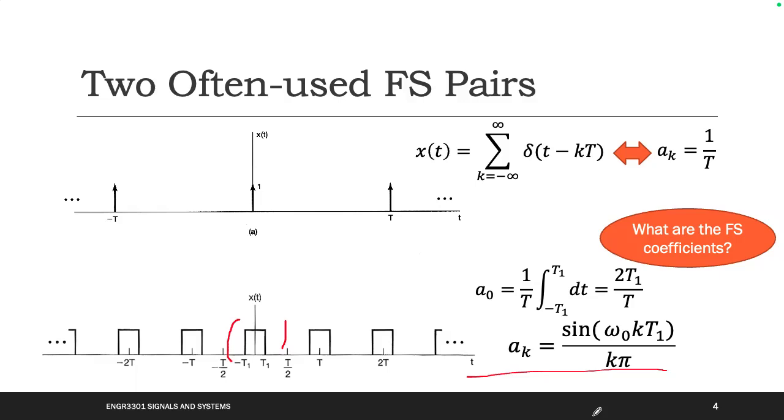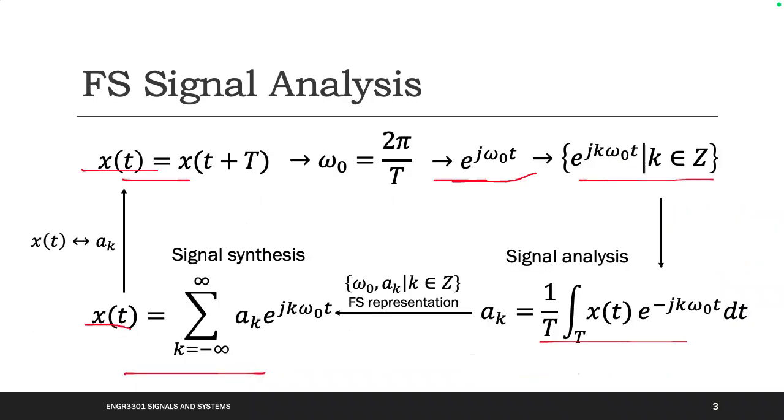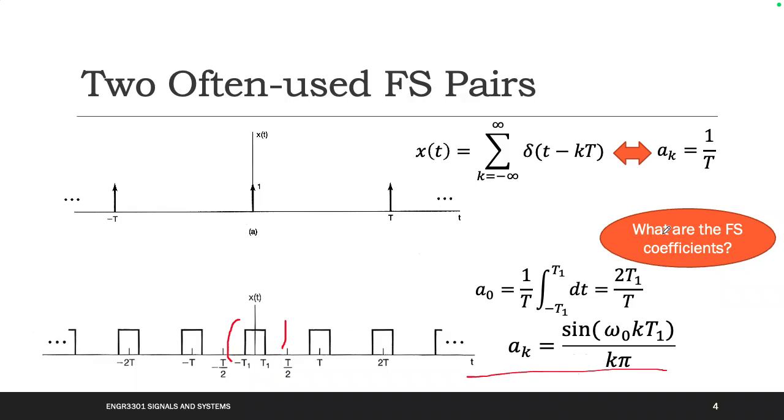Those two signals are very important for us, because you can use those two and the FS properties to simplify the computation of the FS coefficients for any other signals. Okay, any questions? If you want to know how to calculate it, you can review the class video or slides. You just use this equation, and then you will get this result.